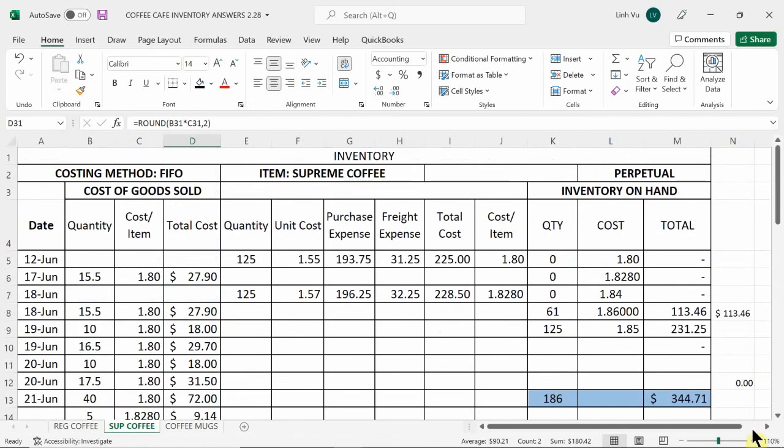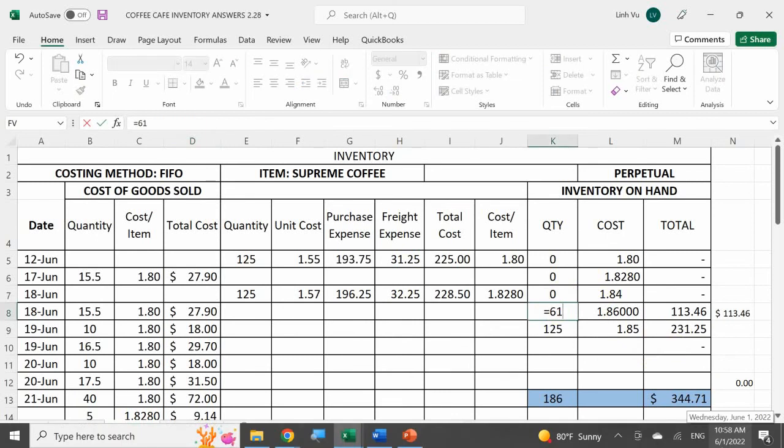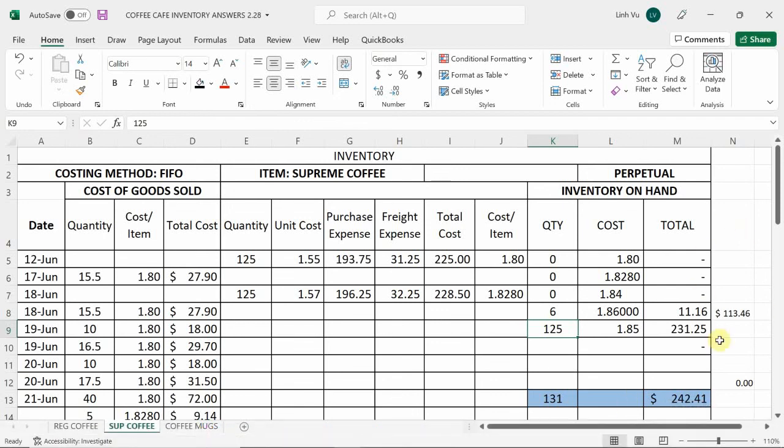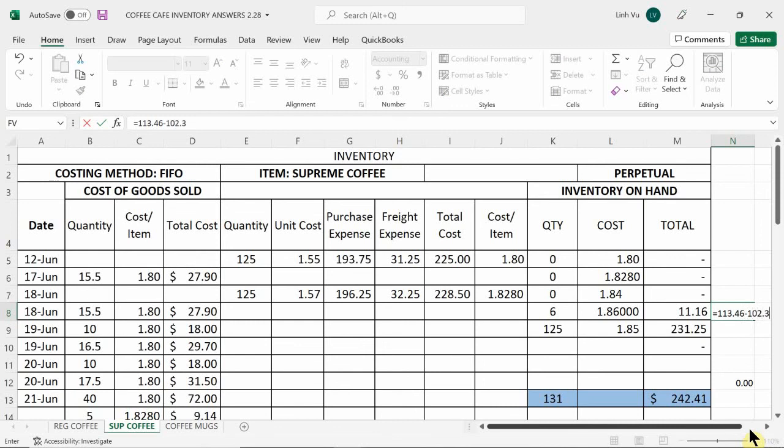I no longer have 61 pounds. I sold 55 of them, so I should have 6 pounds remaining, giving me a total of $11.16. So 113.46 minus 102.30 should give you 11.16.